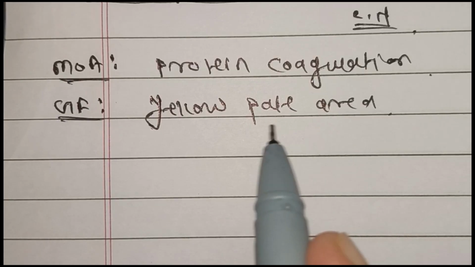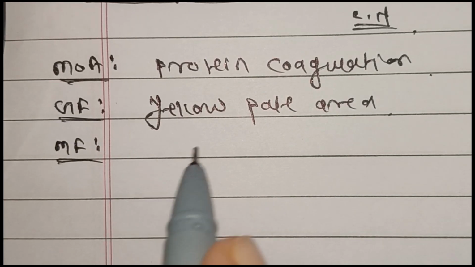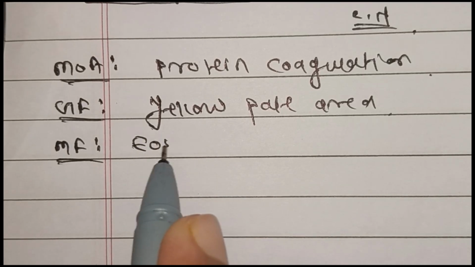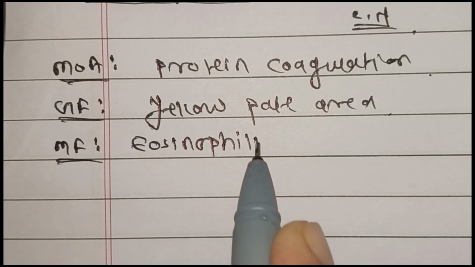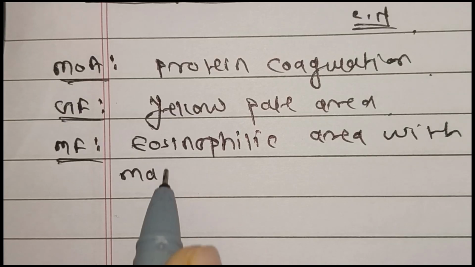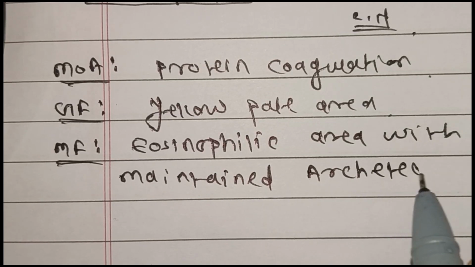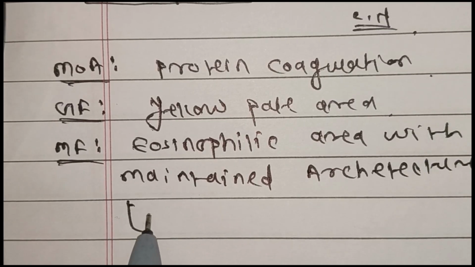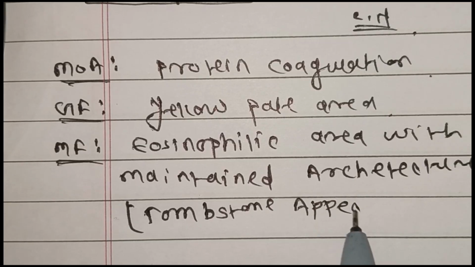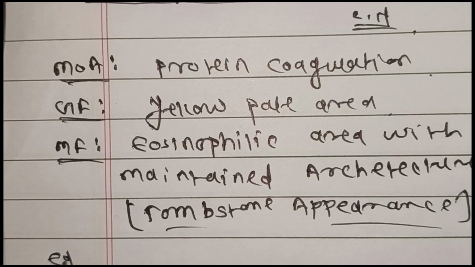In microscopic features we will see an eosinophilic area with maintained architecture, and there is one appearance known as the tombstone appearance of cells.